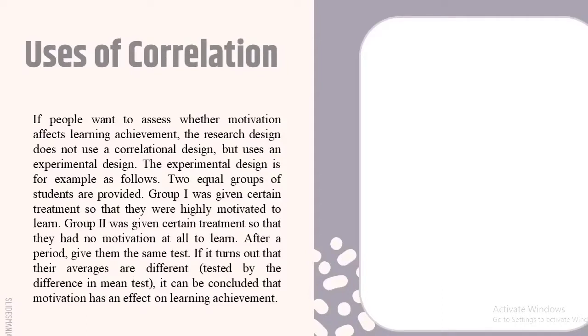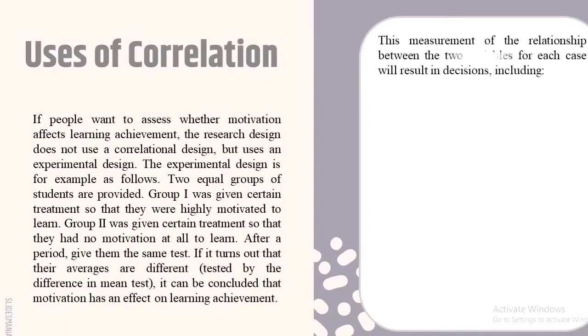Group 2 was given certain treatment so that they had no motivation at all to learn. After a period, give them the same test. If it turns out that their averages are different, tested by the difference in mean test, it can be concluded that motivation has an effect on learning achievement.